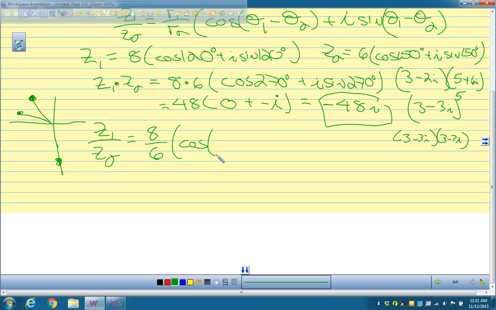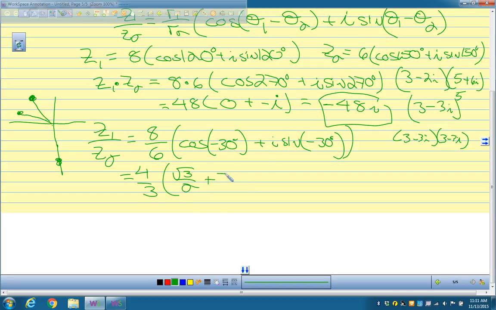What's that? Negative 30, okay? Plus I sine of negative 30, okay? Which that's in degrees. And you can simplify that, that's equal to 4 over 3. Cosine of negative 30 degrees, I believe, is positive square root of 3 over 2.